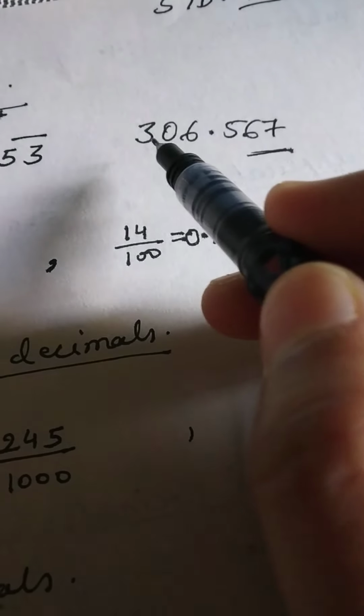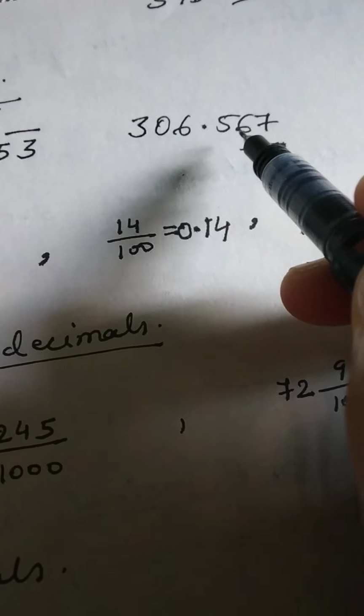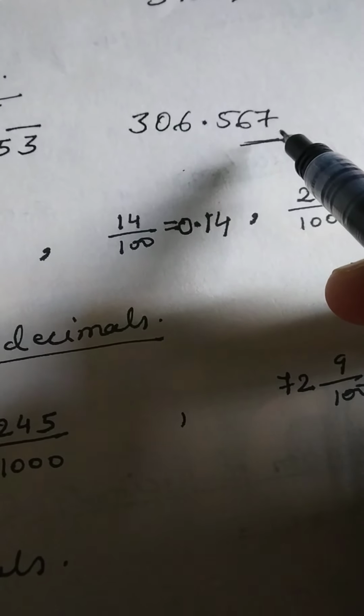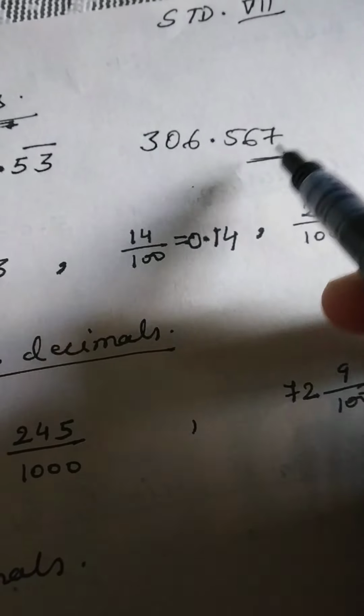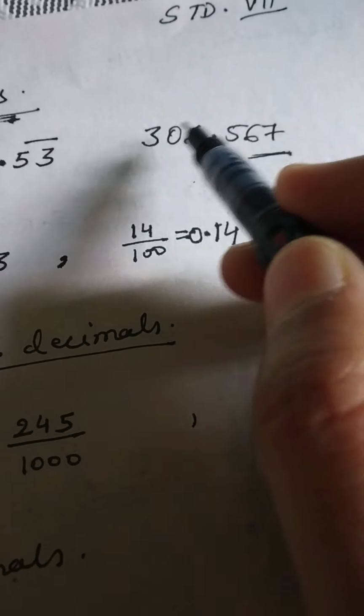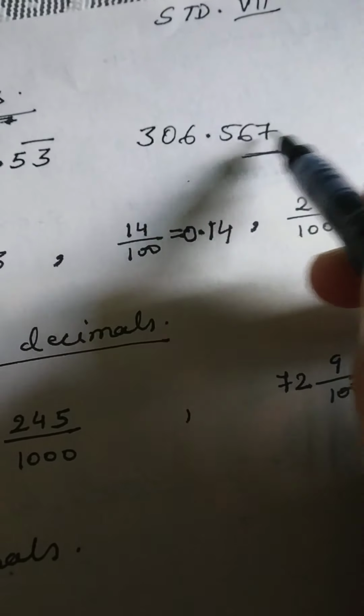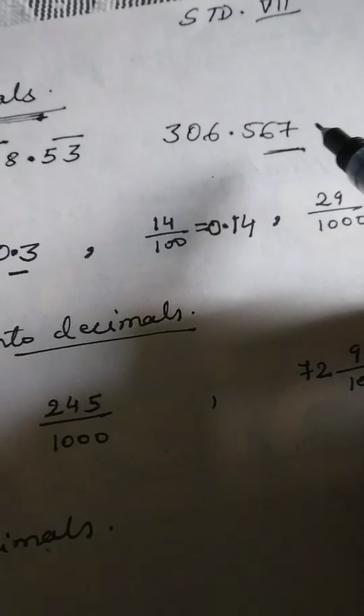Do not read it as three hundred six point five hundred sixty-seven. This is wrong because this is a decimal part. Got it?